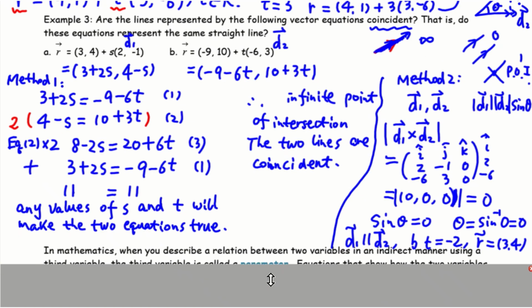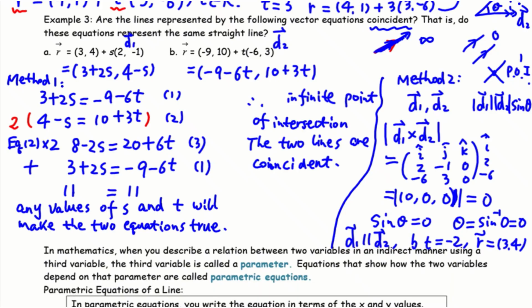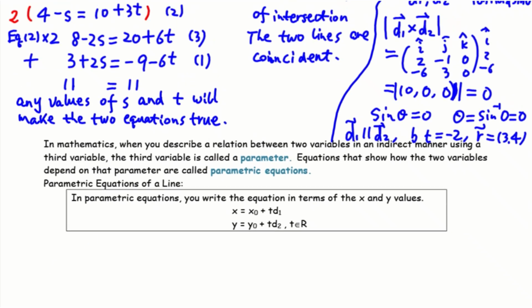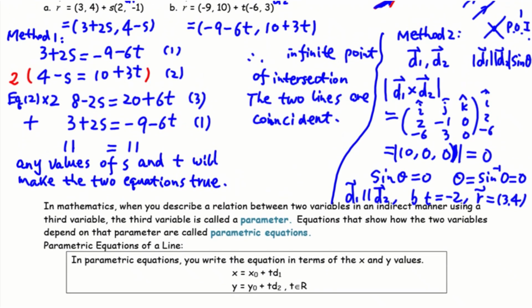And this is a vector equation. And we are going to continue to see that it's not only vector equation, we want to find more forms of the equation. So another form of equation, we call it parametric equations. So parametric equation is the same as what we did here, but we use a t.